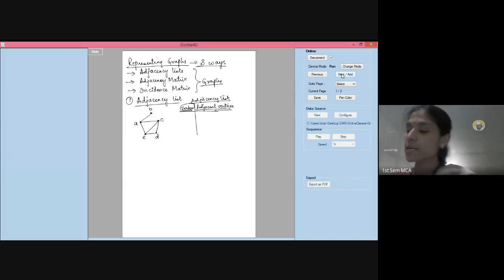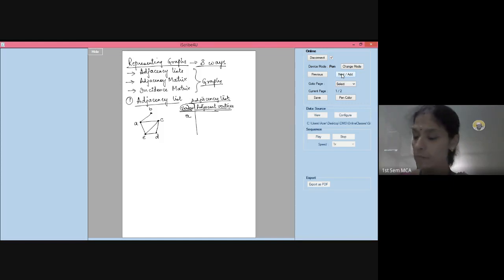Okay. First, let me write down what are all the vertices in this graph that is given. What are all the vertices? Let us list it down.